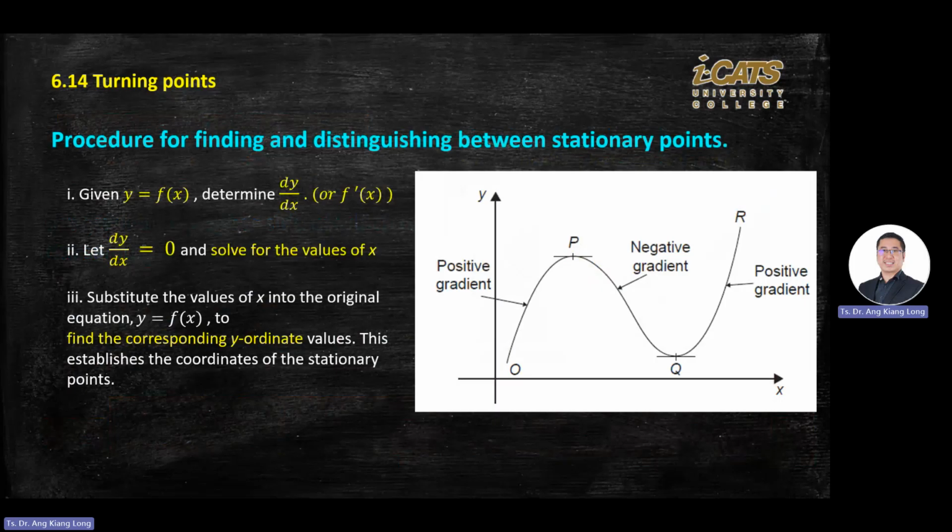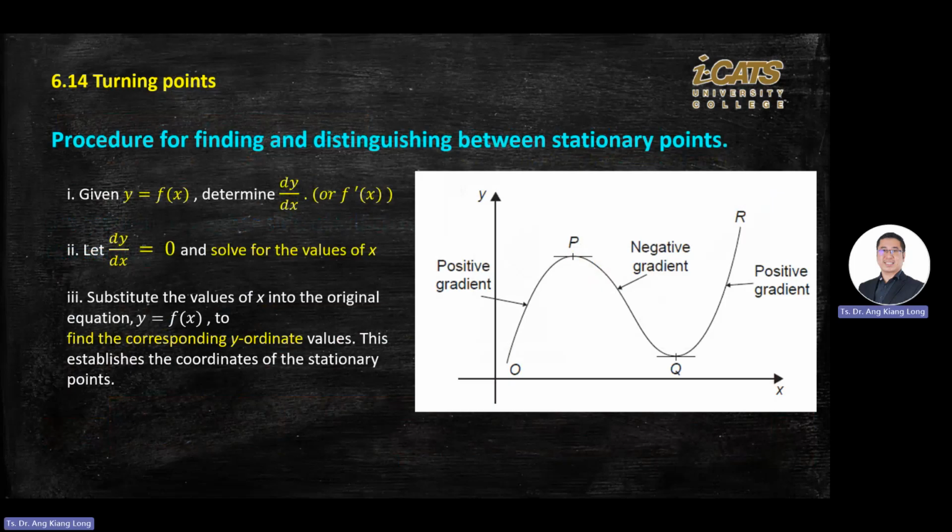It can be both maximum, both minimum, or one minimum, one maximum. First step, copy the equation, do dy/dx. Second step, dy/dx equals 0. From that, you'll get your x. Third step, substitute your x inside the y equation, and you get the coordinate x1, y1.